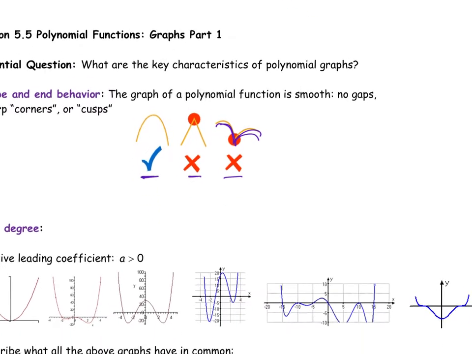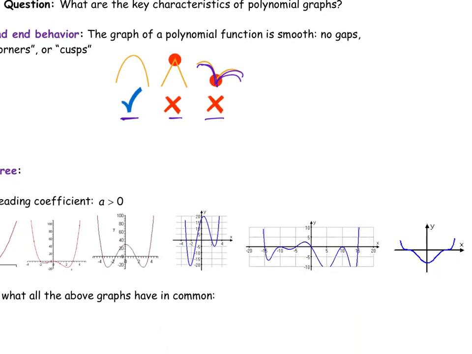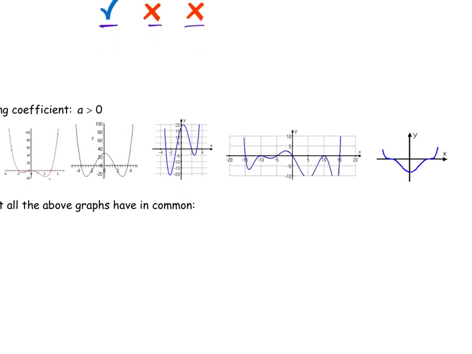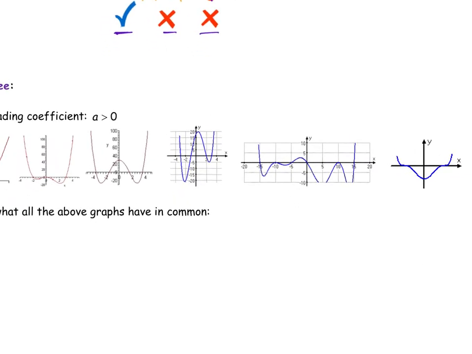If it's an even degree with a positive leading coefficient, which means the coefficient is greater than 0, I want you to look at the graphs and see what they all have in common and describe that in the chat box, please. If it's an even degree and A is greater than 0, tell me what you think they all have in common, please.